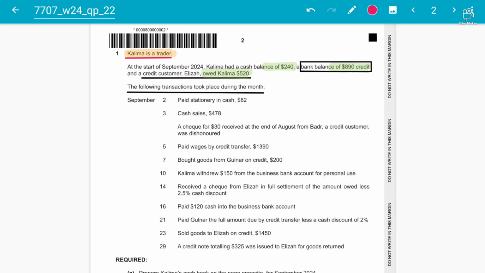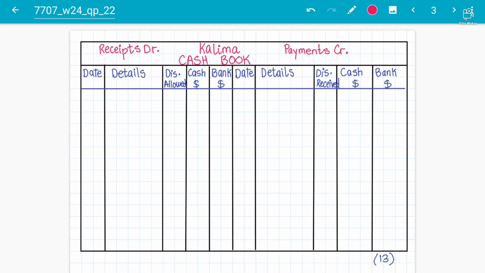As always, we'll have to start with the opening balances. So we have a positive cash balance of $240. It should be balance brought down on September 1st, which is 240. So you write down 2024 and September 1st. So on September 1st, 2024, we have balance brought down as $240 here.